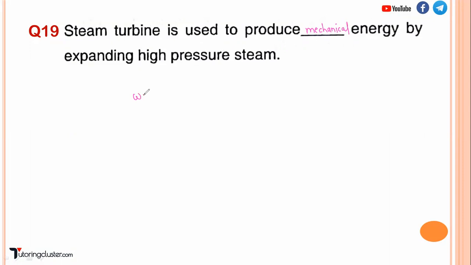See, when we talk of a water turbine and a steam turbine, the function is that of a turbine basically. So the function will remain the same, that it converts pressure energy into mechanical energy.